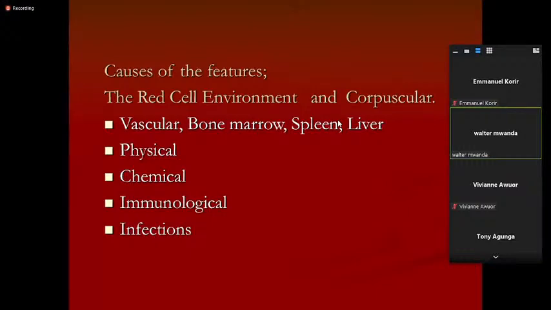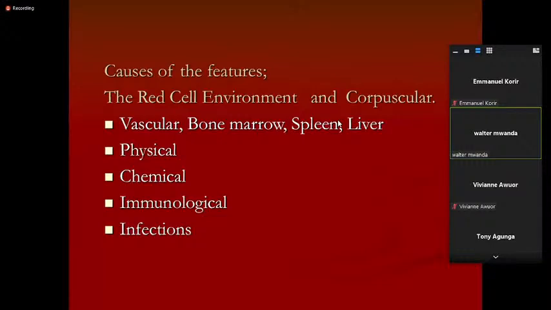These changes may primarily be due to the physical impact on the cell, the biochemical impact on the cell, the immunological impact on the cell, the infection on the cell. This may work again on the membrane, on the hemoglobin, on the enzyme.